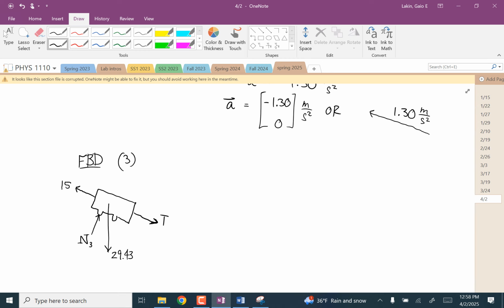I don't have to calculate the angle for the weight again. That's the same angle that we had before. So I'll go right to Newton's second law.